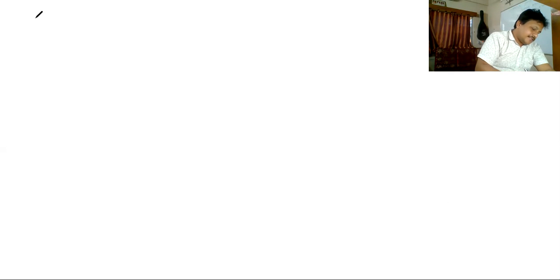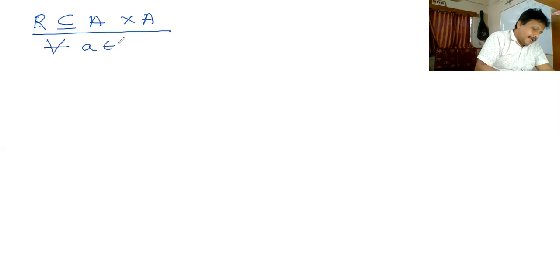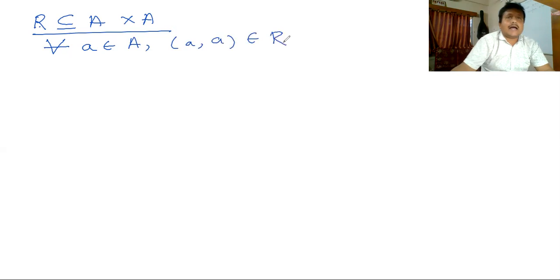So what is a reflexive relation? A relation R on a set A is reflexive if, R being a subset of A cross A, for all elements a in A, (a, a) is in R. Consider an example.